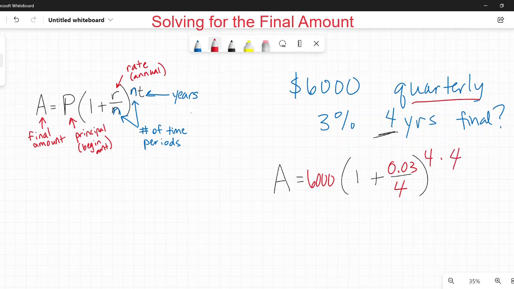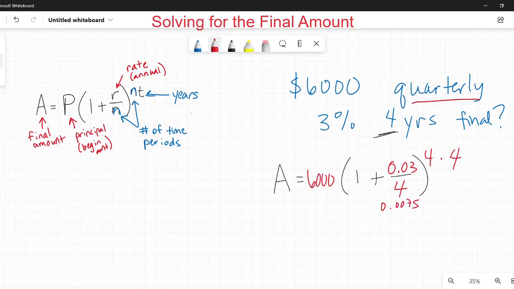Now this is just a matter of entering it into our calculators correctly. The order that I would recommend, and this is especially true if you're using just a basic calculator on your phone instead of a scientific or graphing calculator. Start here, 0.03 divided by 4, that's 0.0075, and then add 1.